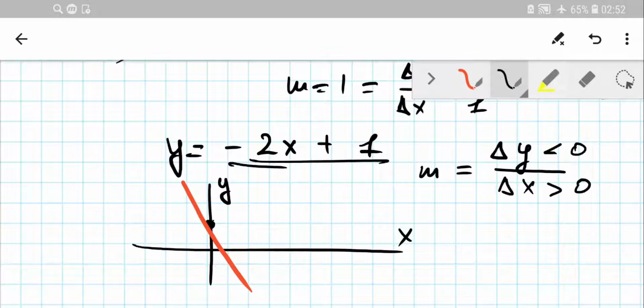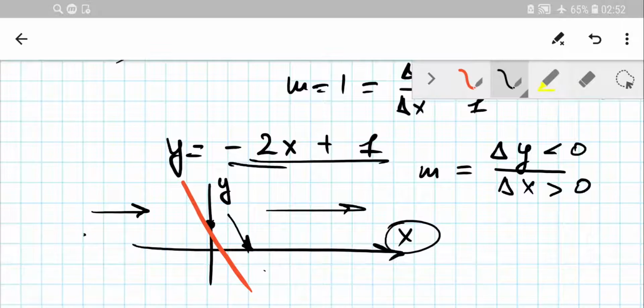So basically, if you run from left to right, your graph becomes falling. It decreases in value when you move along the positive direction for x, okay? For example, if you take any 2 points, let's say this point and, for example, this point, you see that the change in value for y is negative because it's falling from point A to point B, while the change in x is positive. So this gradient should be negative.